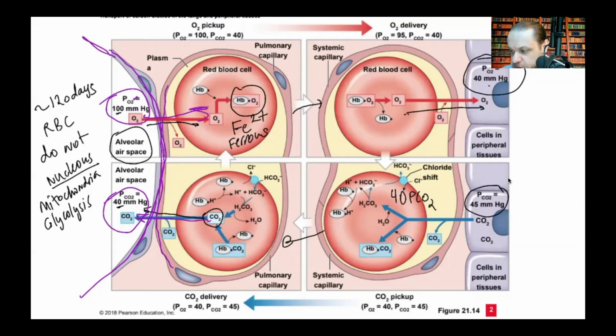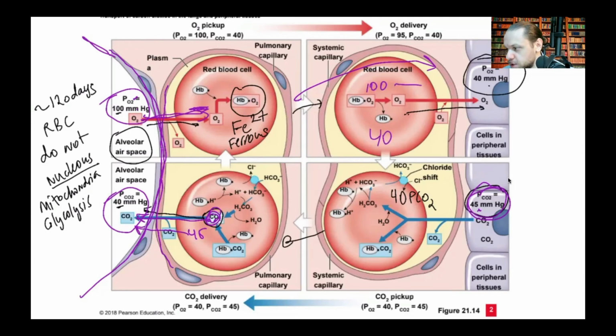Why does CO2 get offloaded? Because this CO2 was picked up from the tissues. It was 45. So from high to low pressure, it's going to come out, and oxygen is going to load in. When the red blood cell gets to the tissues, in the systemic capillaries, it now has 100 oxygen and 40 carbon dioxide.